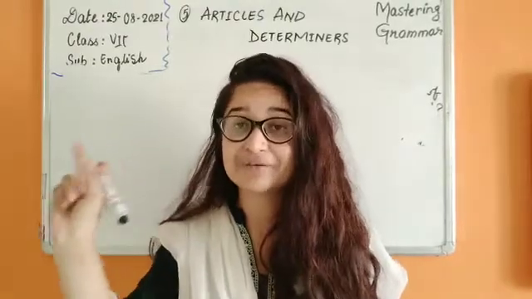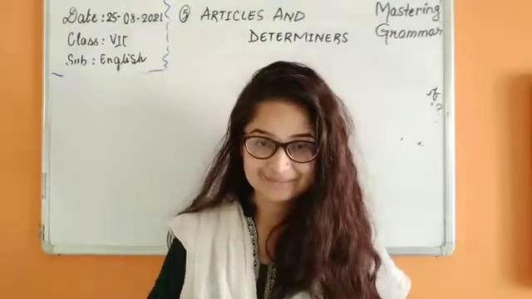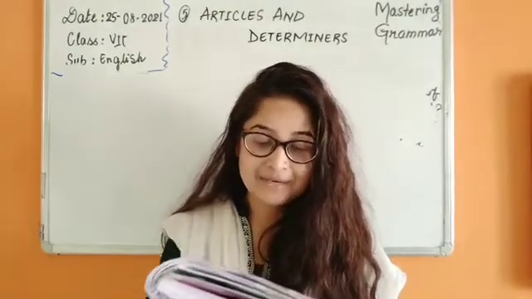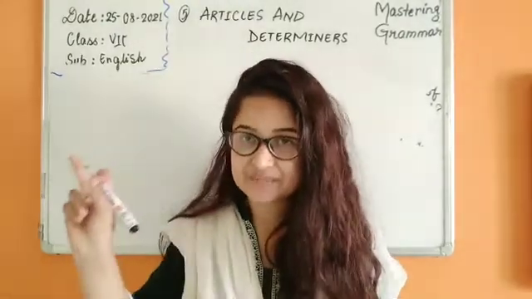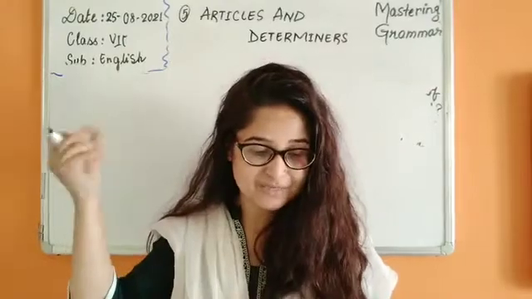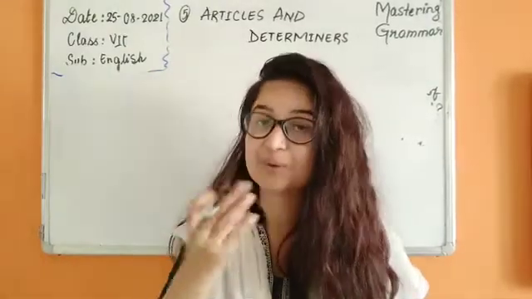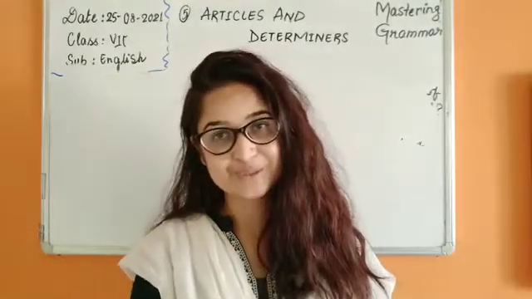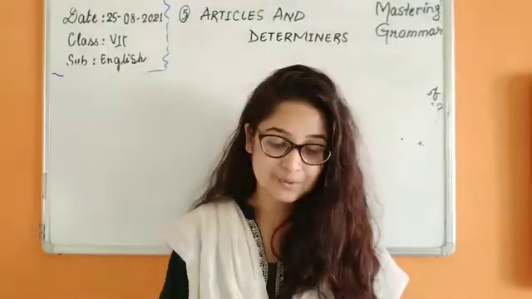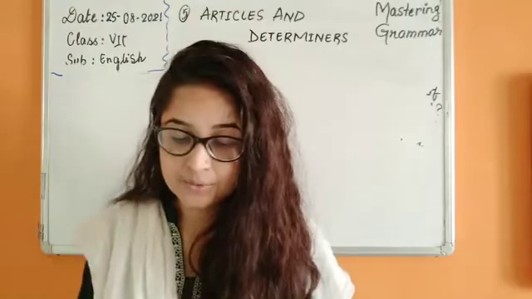That means I'm specifying the unit of measurement. Milk is sold by the liter. Eggs are sold by the dozen. You see the word dozen, meter, then you have liter. All these words are measures or units of measurement. So we are always going to use what? We are always going to use the.